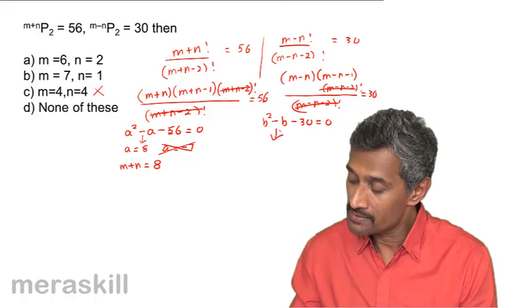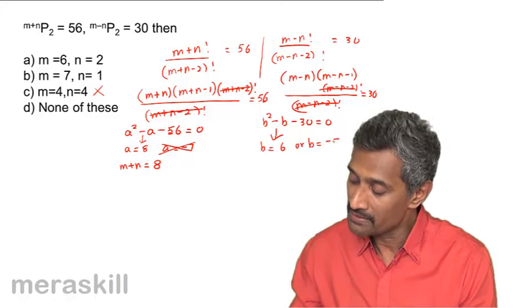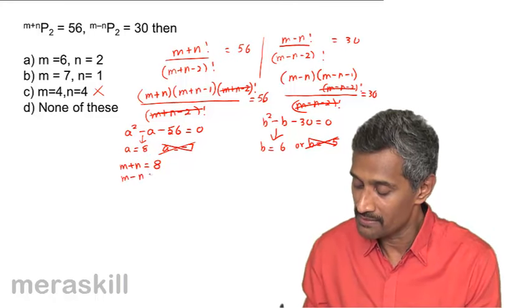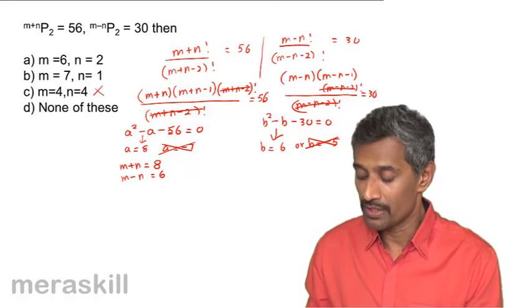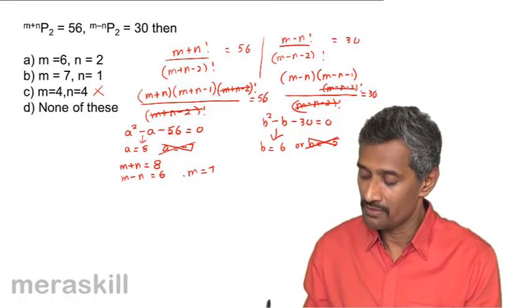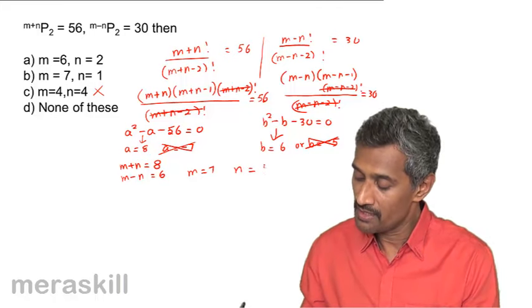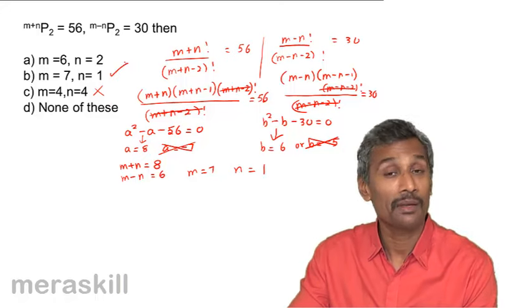If you solve this, you end up getting b is equal to 6 or b is equal to minus 5. Discard this one. So b is equal to 6, which means m minus n is 6. If you solve these two equations, you get 2m is 14, so m is 7, and n is going to be 1. So among these options, m is 7, n is 1.